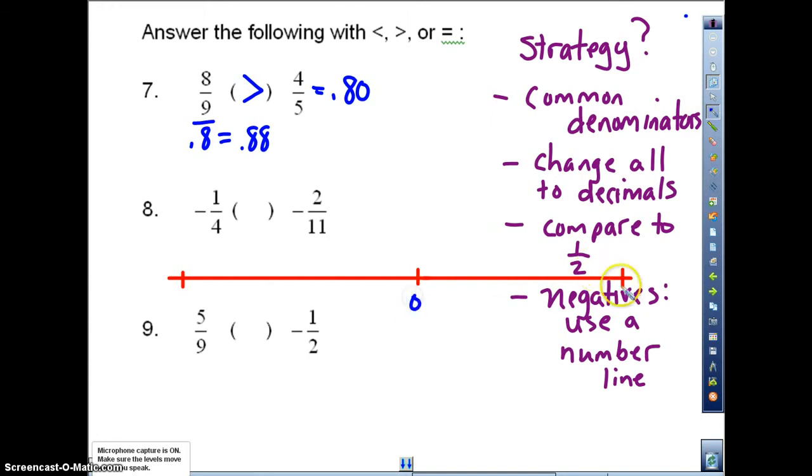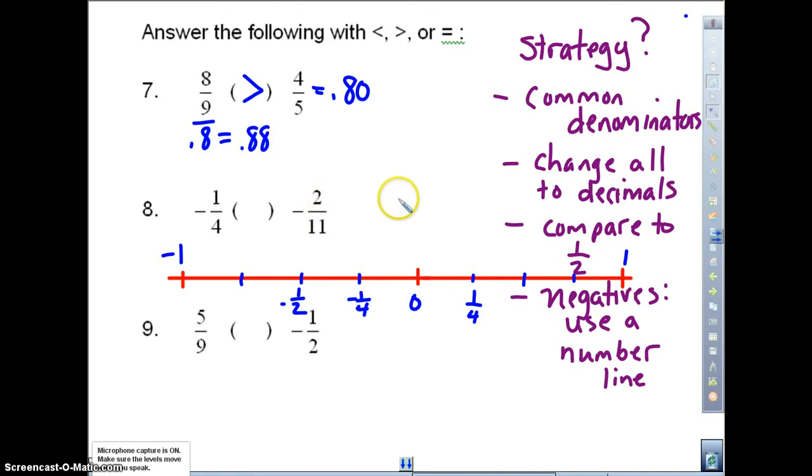So 0, 1, negative 1. If I made that positive 1/4, okay, here's a half. Divide these into fourths. Here's positive 1/4. So if you reflect it, here's a half, or negative 1/2, negative 3/4, negative 1/4, reflected across 0, and right here is negative 1/4.